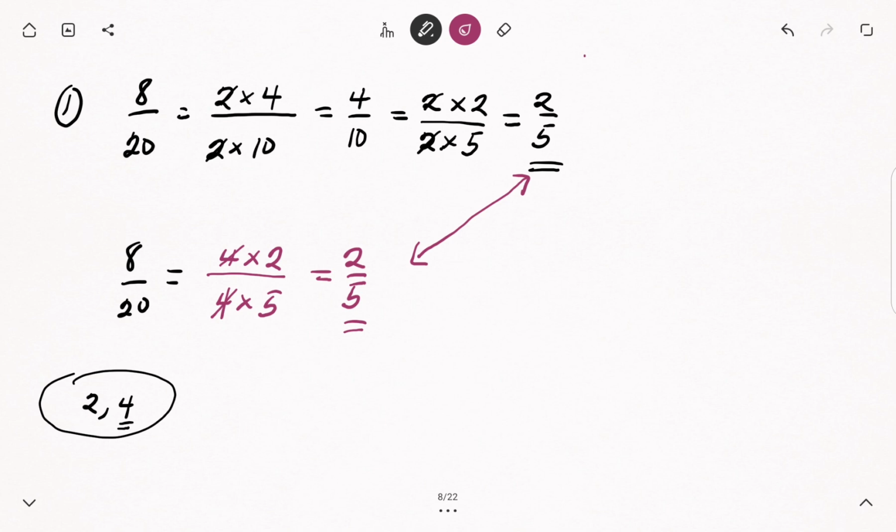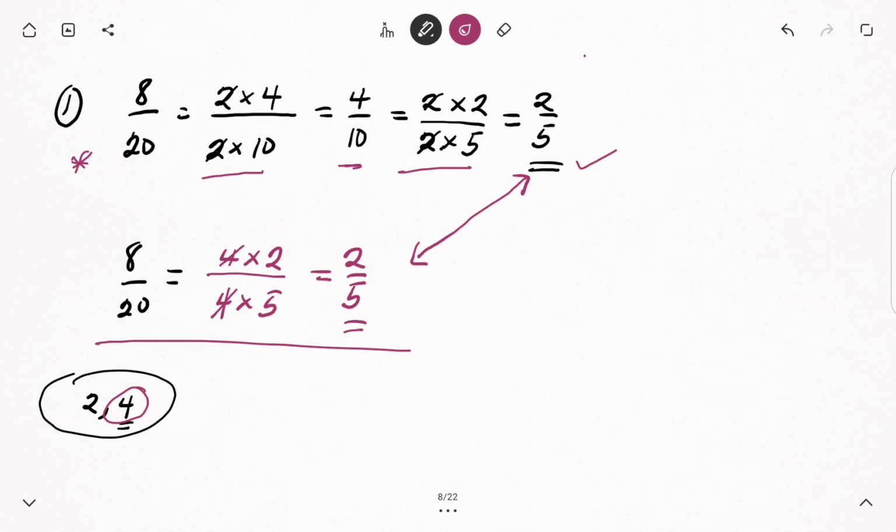Because if you use the smaller number, as in this case when we use 2, we have to simplify first, get an answer, and simplify further before we get our final answer. But when we use the bigger number, which is 4, in one step we have our final answer. So this is how we simplify fractions in mathematics.